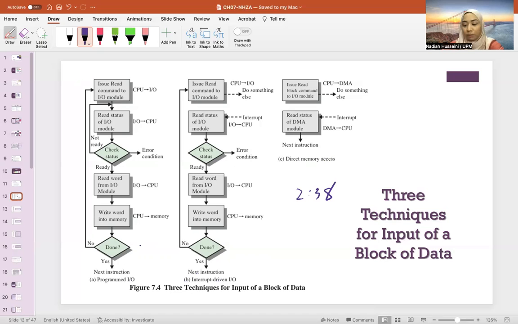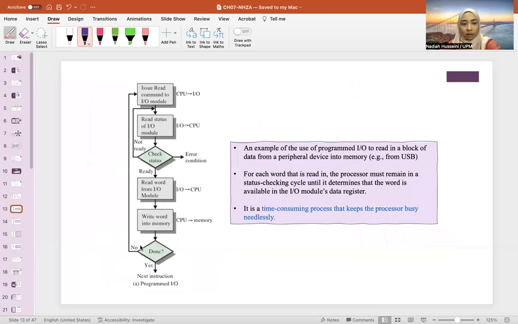So let's talk about the programmed IO flowchart now. We have our processor issuing a read command to the IO module. Basically, we want to read whatever is on our peripheral device. For example, you want to read your phone, you connect it, and your processor issues a read command to the IO module, telling it, I want to read from this phone.